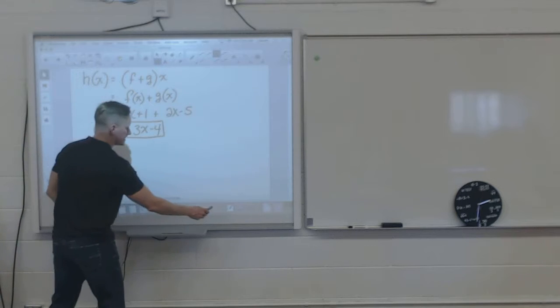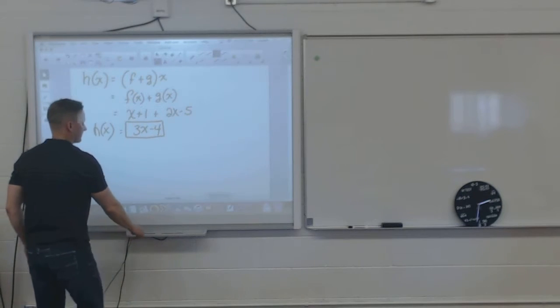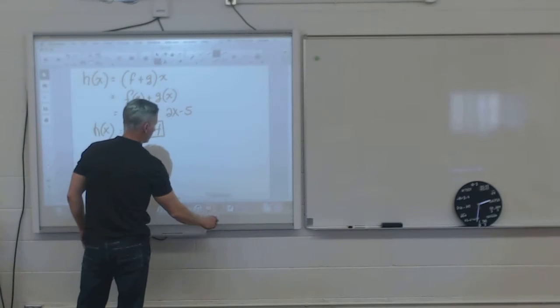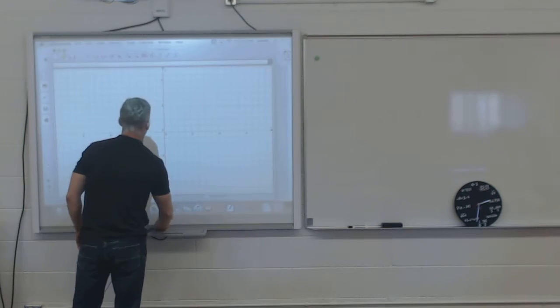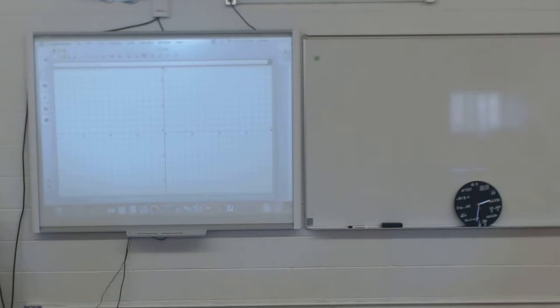I want to show you this on here. Let's open it. Okay. So the first graph that I have was y equals what? x plus 1. So it equals that.